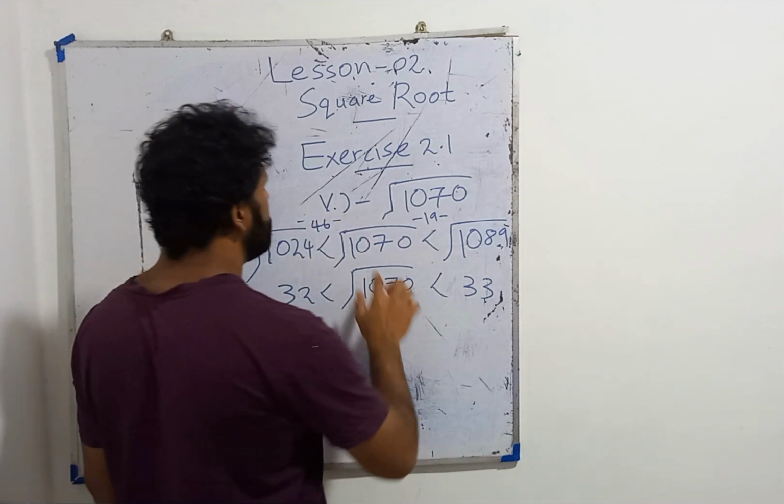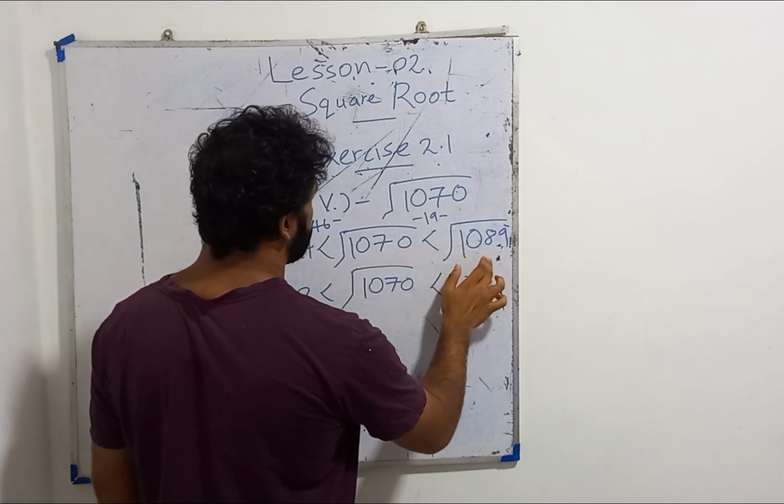So you can see 1070 is actually closer to 1089.